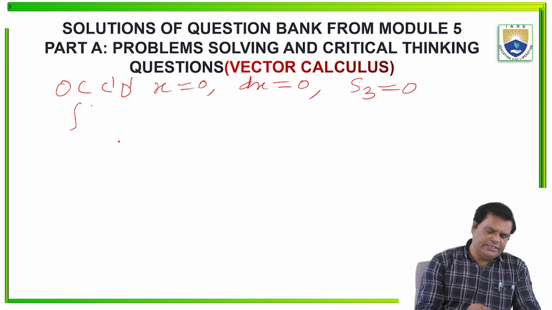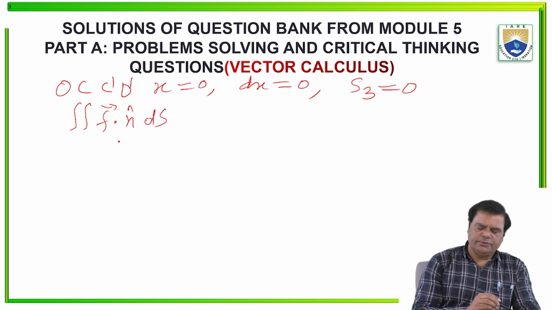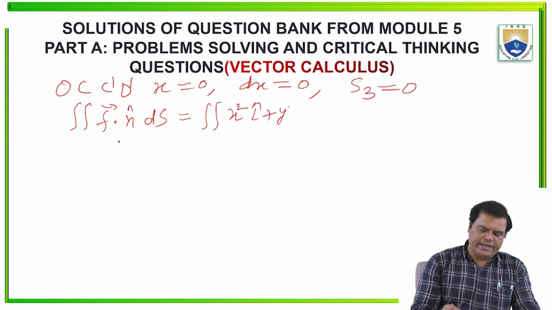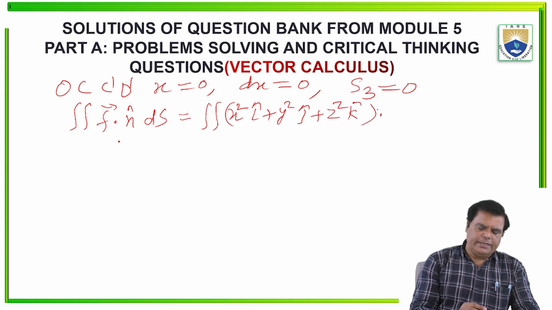Because here we apply the integral of f dot n ds. So here dx is 0. This equals the integration of x square i plus y square j plus z square k, and into n.